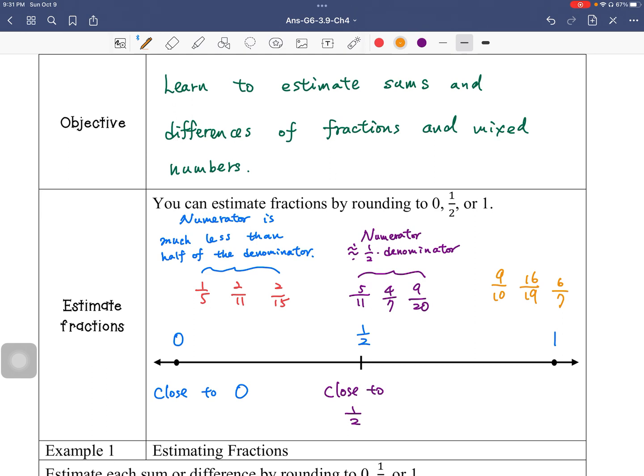These three numbers have a numerator about the same as the denominator, so they are close to 1. So if the numerator is much less than half, we say they are close to 0. If the numerator is around half, we say close to a half. And if the numerator is close to the denominator, we say they are close to 1.